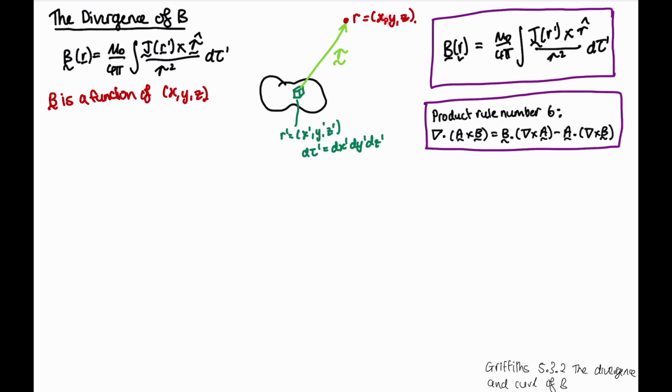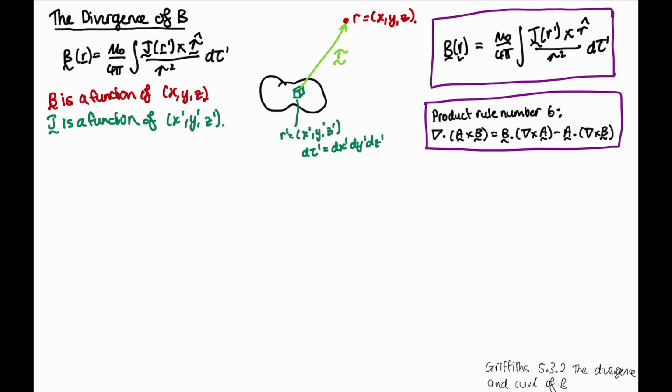B is going to depend on X, Y, and Z. J, on the other hand, is a function of X prime, Y prime, Z prime. So it depends on this. It doesn't matter where we measure this magnetic field. That doesn't affect the current density through this location here.